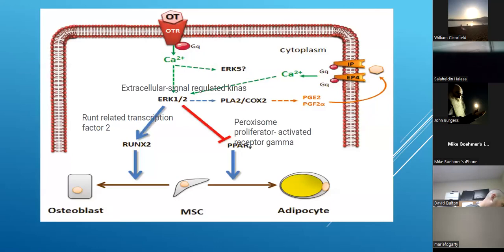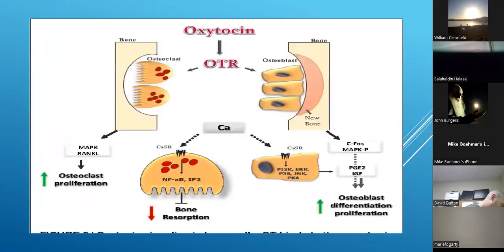And this is just the chemistry behind how oxytocin stimulates osteoblasts and increases the bone mass. Again, this shows you how oxytocin stimulates the bone mass, and it definitely helps to stimulate osteoblast differentiation, increasing the bone mass and decreasing the degradation and resorption of the bone.